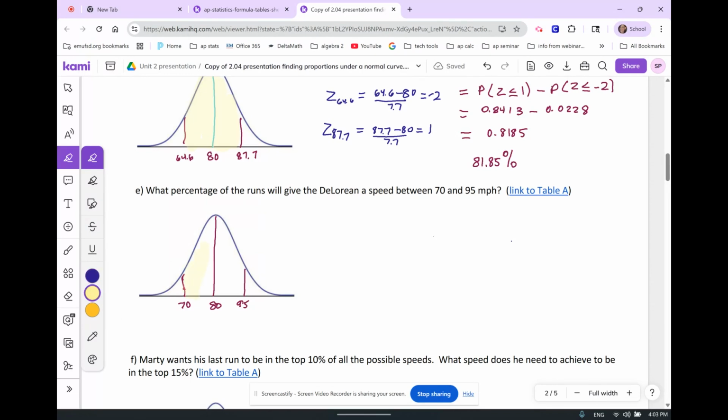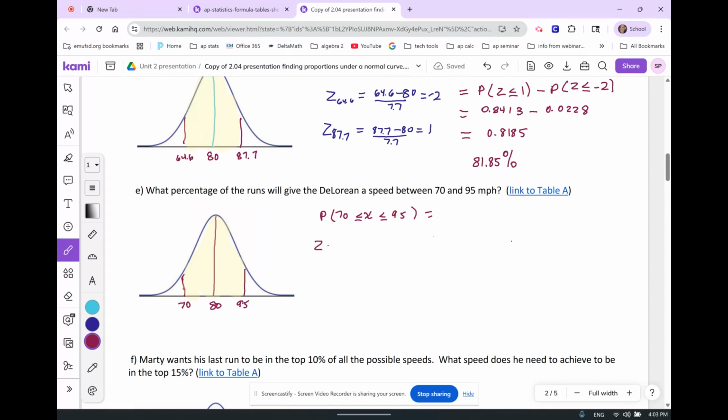You always shade, and you're always looking in between the two places in this case. So we want to find the probability that our speed for the DeLorean is between 70 and 95. That's not landing on a whole number, so we have to convert it to a z-score.